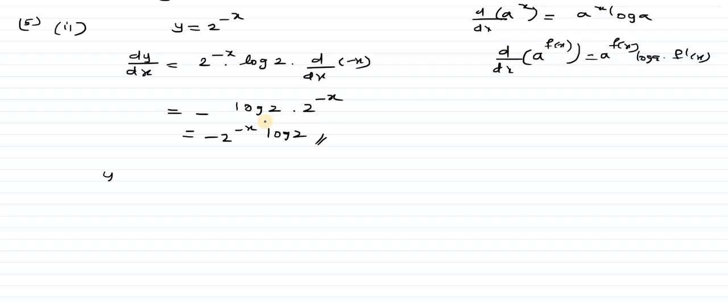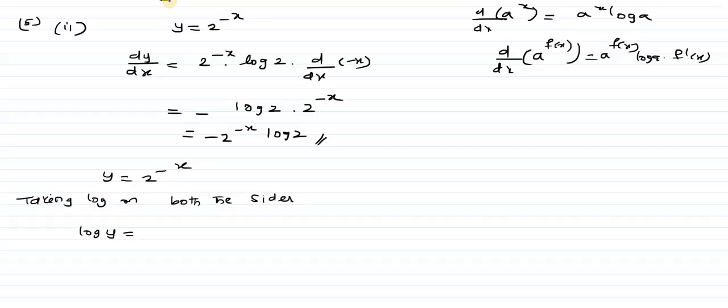Ma'am, this method I am not comfortable with because I may forget the formula. At that time what you have to do? Y equal to 2 to the power minus x. Like the way we have done it in the beginning, take log on both the sides. So log y will be equal to log 2 to the power minus x. So log y will be equal to minus x log 2, because log a to the power b is b log a.